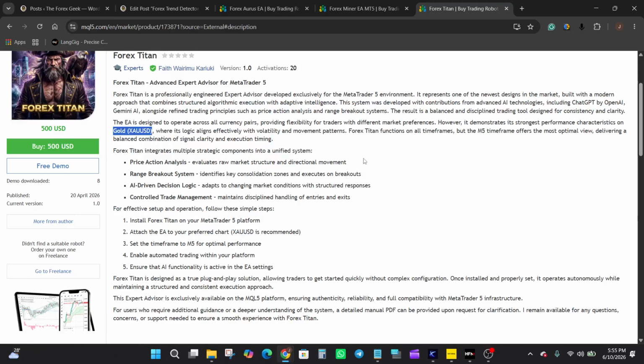It also mentions that while it can run on all time frames, the M5 time frame is recommended for more balanced execution and signal clarity.